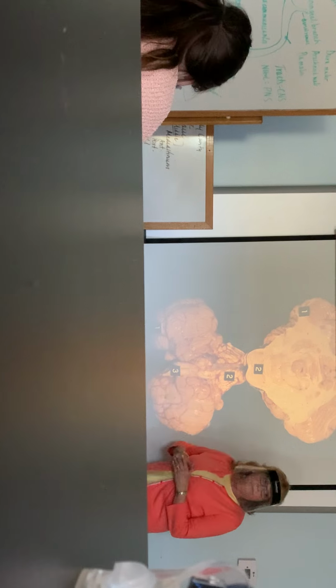What do you think this big thing is? That's the cerebellum. What's the cerebellum? What's 3? Medulla oblongata, right? What is the area of, it's kind of pushing it together.